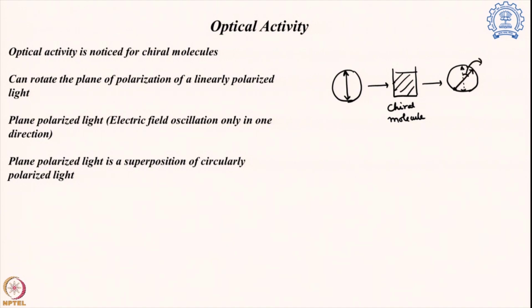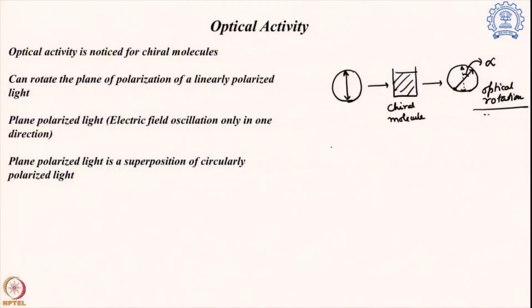This particular rotation, if I put that as alpha, is known as optical rotation. So that is the rotation of plane polarized light by a chiral molecule, and this is the optical rotation.